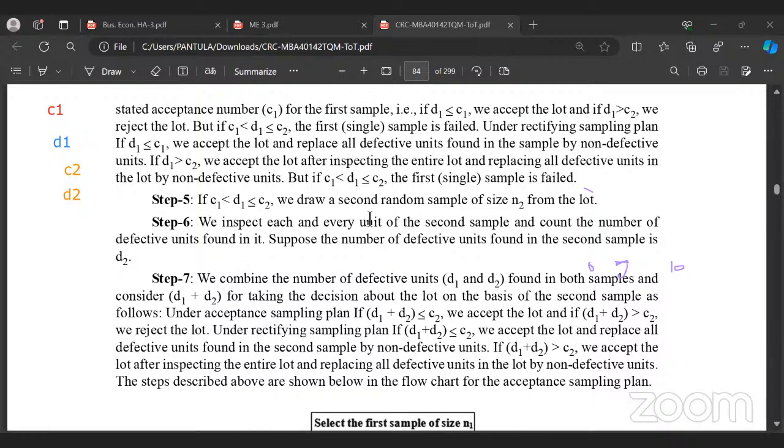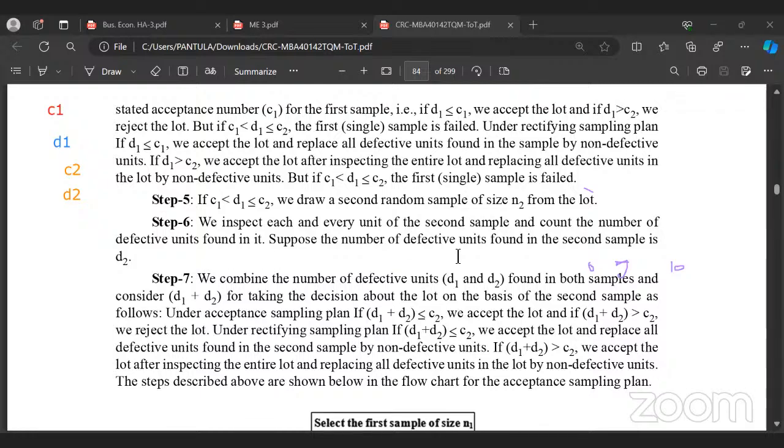Step 5: if D1 is greater than C1 and less than or equal to C2, we draw the second random sample N2 from the lot. We inspect each and every unit of the second sample and count the number of defective units found in it.